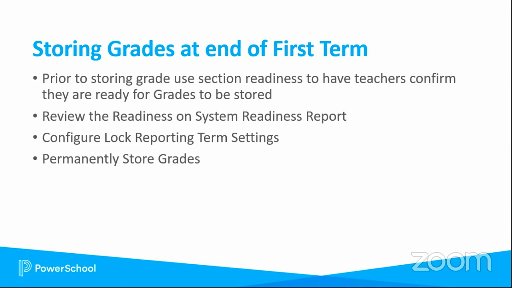You pick the reporting term you're storing to, you pick the store bin, and then there are some include and exclude statements, such as I want to just store currently enrolled students, and the credit that you're awarding, all of that type of information. It's very important because what you put on that screen is what's going to happen when you press the button.